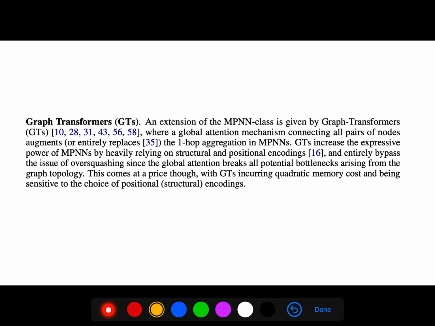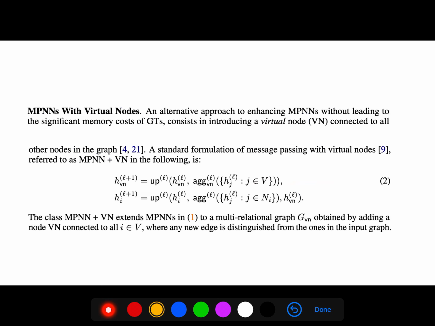Graph transformers increase the expressive power of message passing neural networks by heavily relying on structural and positional encoding, and entirely bypass the issue of oversquashing, since the global attention breaks all potential bottlenecks arising from the graph topology. This comes at a price, because graph transformers have quadratic memory costs, so we cannot use it.